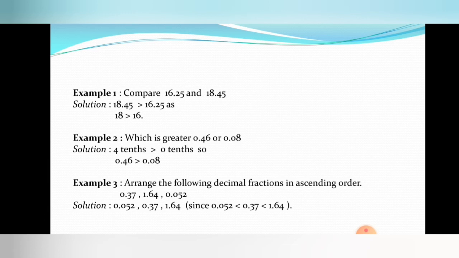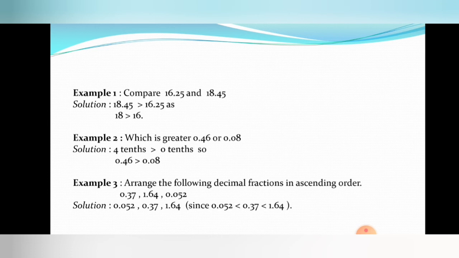And the third example is: arrange the following decimal fractions in ascending order, that is 0.37, 1.64 and 0.052. Okay, what is meant by ascending order? It means small to big. So we need to arrange these three numbers from the smaller one to the bigger one. Which is the smaller one?